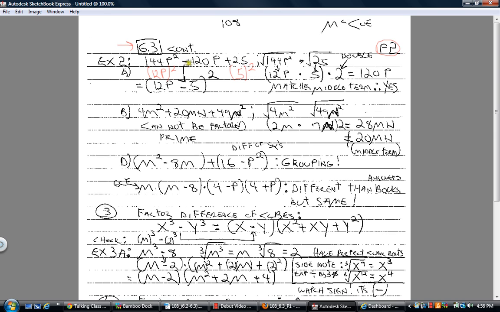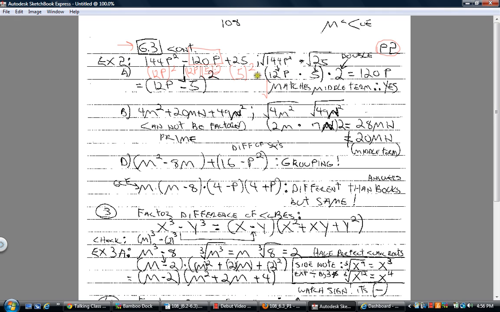The question is, and bring down the sign, can you take the first square root times the second square root and double it? Does that match the middle term? You've got 12 times 5 is 60, times 2 is 120. You do match it. So the answer is yes, you match the middle term.